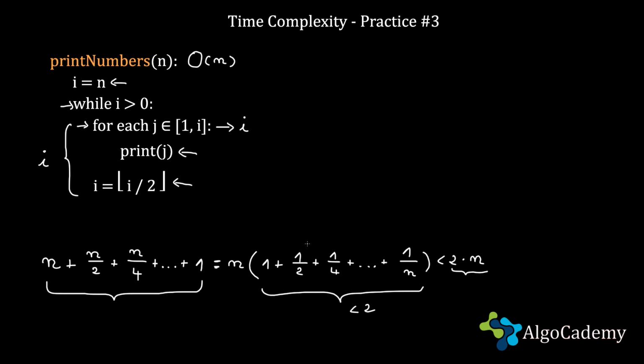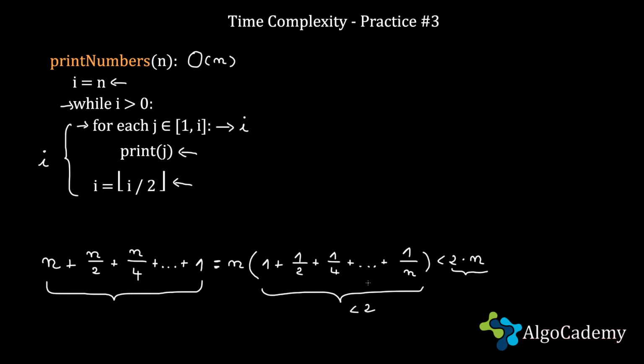So each term is the previous term multiplied by the same thing. You take the first term multiplied by 1 divided by 2, multiply this by 1 divided by 2, you get the next one, and so on and so forth. And there is a formula for the sum of geometric progressions, but I don't want to do that here. It's not intuitive. It's math, and trust me, you don't need it.